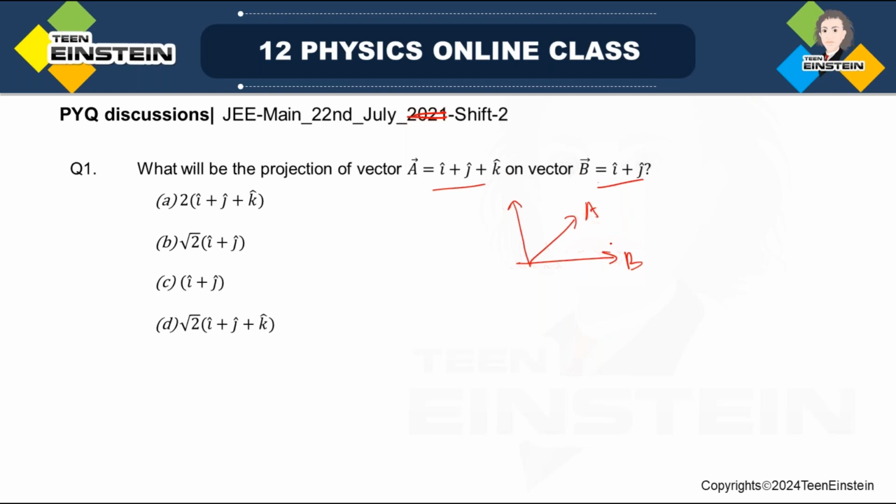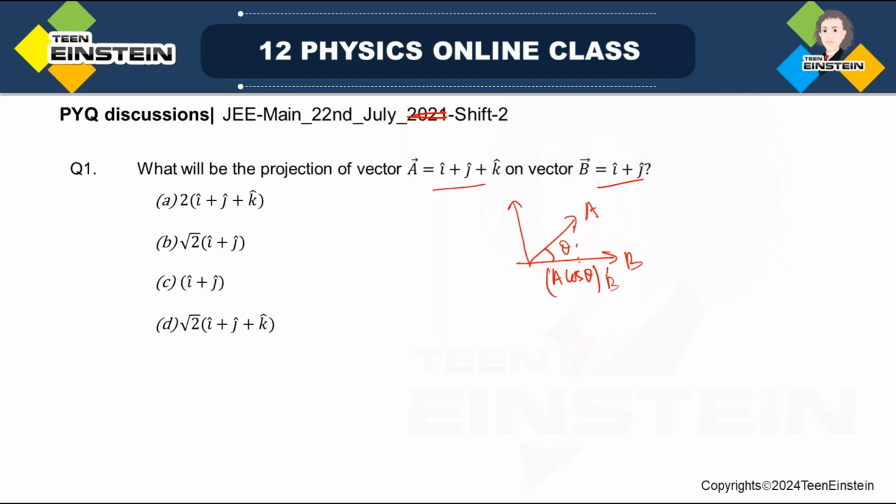I'm just arbitrary drawing just for understanding. If this is theta, so projection of A along this will be A cos of theta, right? A cos of theta.